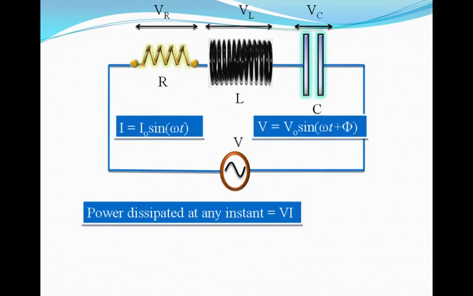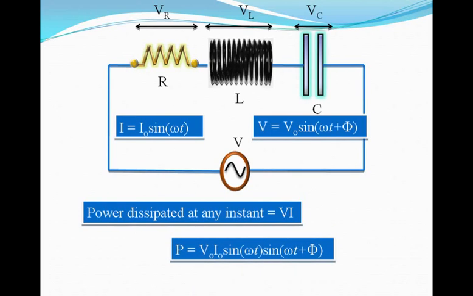And so the power dissipated at any instant will be V naught I naught sine omega t into sine omega t plus phi. So phi is constant, but the time keeps on changing. At different times, the power will be different. We generally calculate the average value of the power. Instead of quoting instantaneous power, we calculate the average over one time period here.